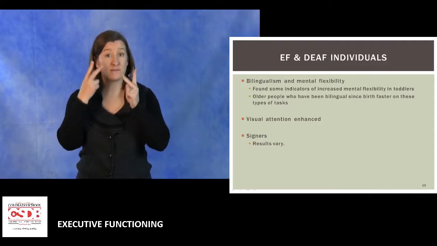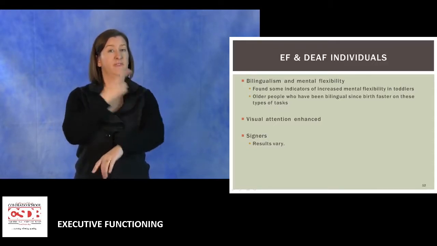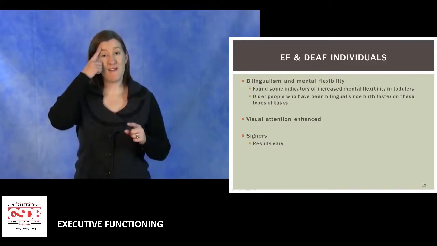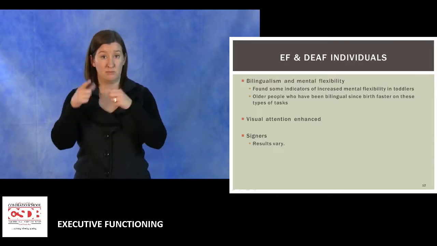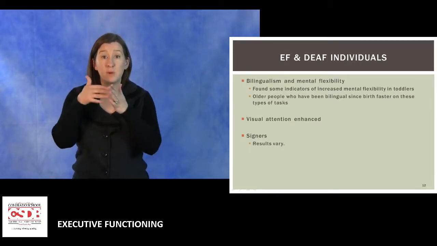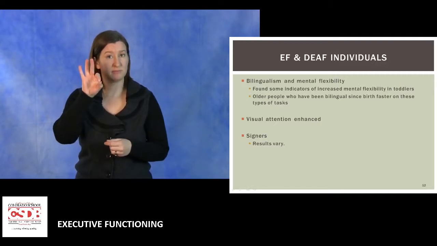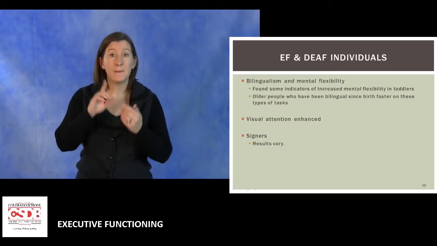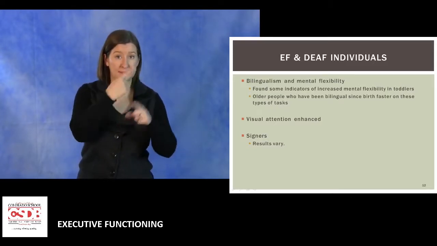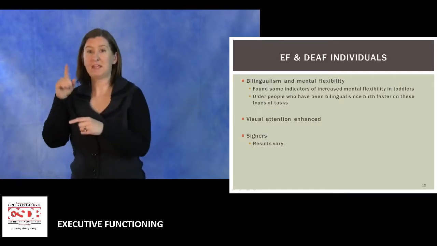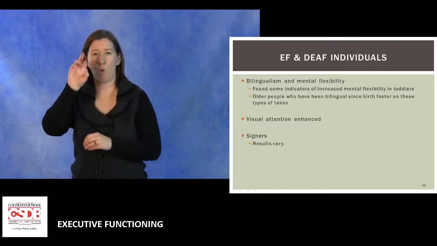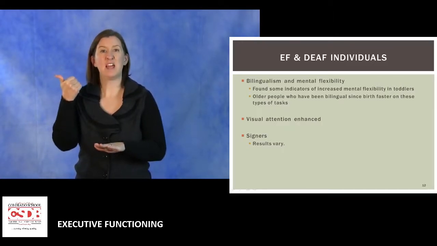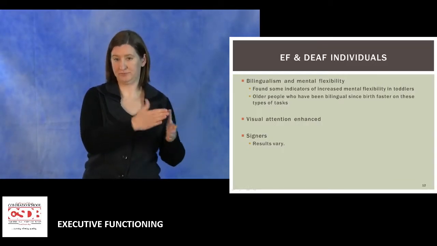Also, some research shows that visual attention is improved for deaf individuals. For people who use sign language, studies related to EF have varied results. Some deaf teenagers who were more oral did better than the group of the signers.